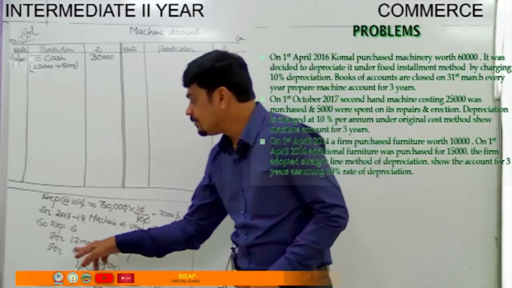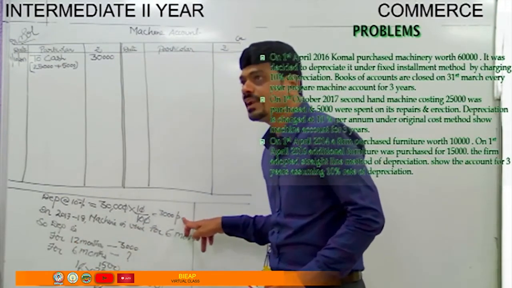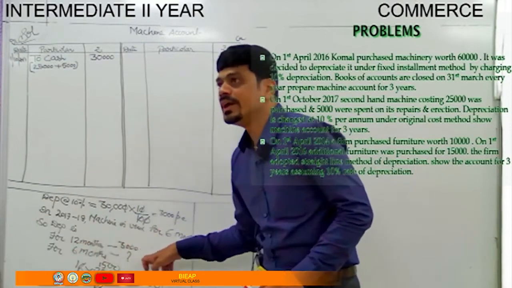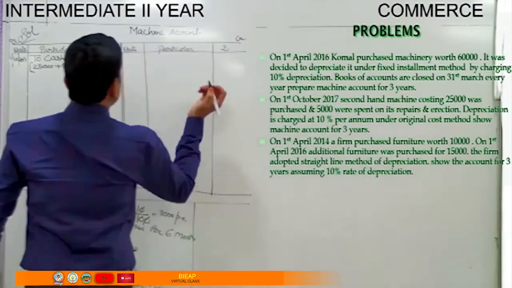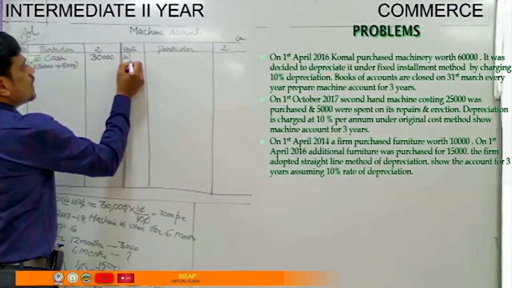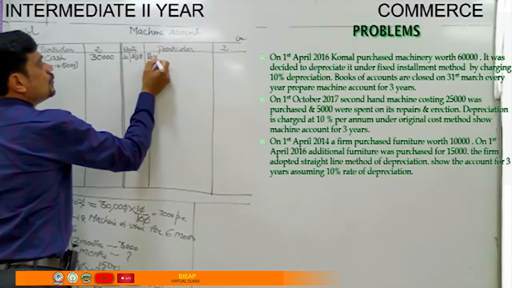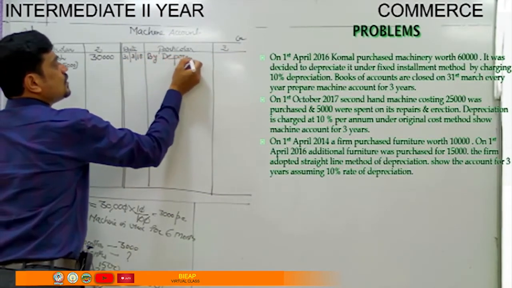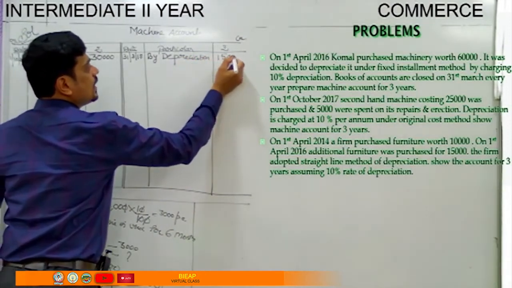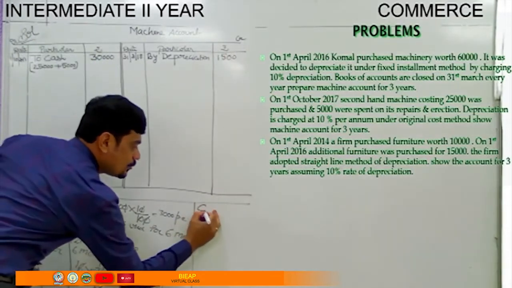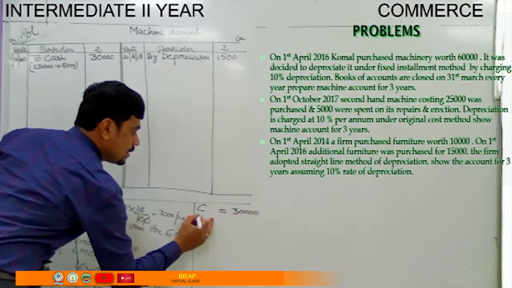How? Proportionate, we call it. For 12 months, 3,000, that is per annum we calculated. So for 6 months, how much? 1,500. As usual, again posting the account. That is depreciation, 31st March 2018, by depreciation. How much is depreciation? 1,500, only in this year. Again, cost C, 30,000.